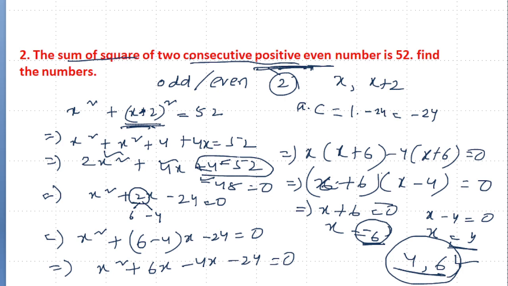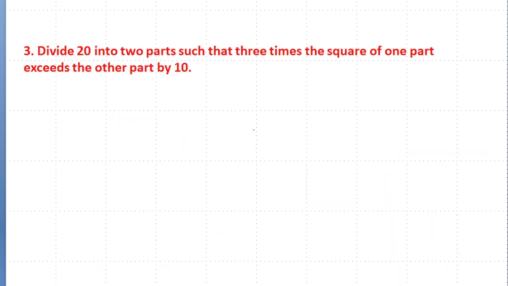Now the third variety of question. Here one number is given: divide 20 into two parts such that 3 times the square of one part. Students, always remember my tip. Read the question slowly and gradually, then attend the question, and math questions will be so easy for you.